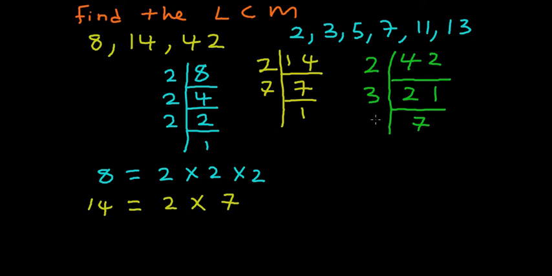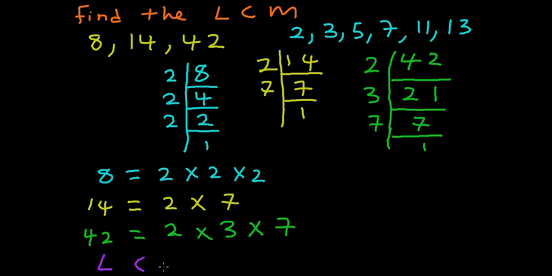Like we know 5 cannot go, so 7 will be the best option. 7 in 7, you get 1. So the prime factorization for 42 is 2 times 3 times 7.